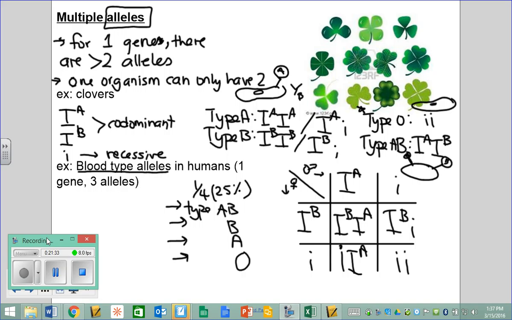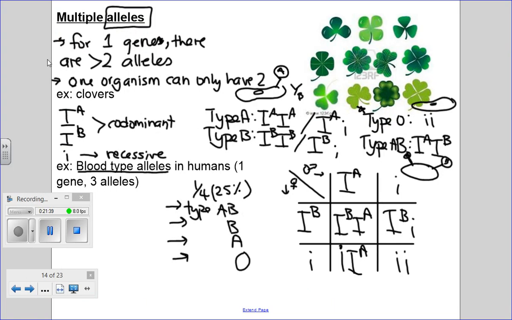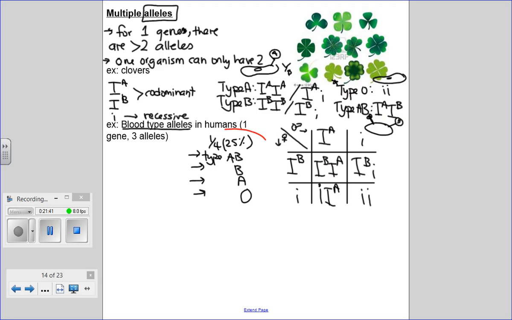So I have a question for you. It's a little bit trickier than, say, the usual question. This is our expected ratios in the offspring. What if I asked you, what is the probability that their offspring has type O and that their offspring is a girl?